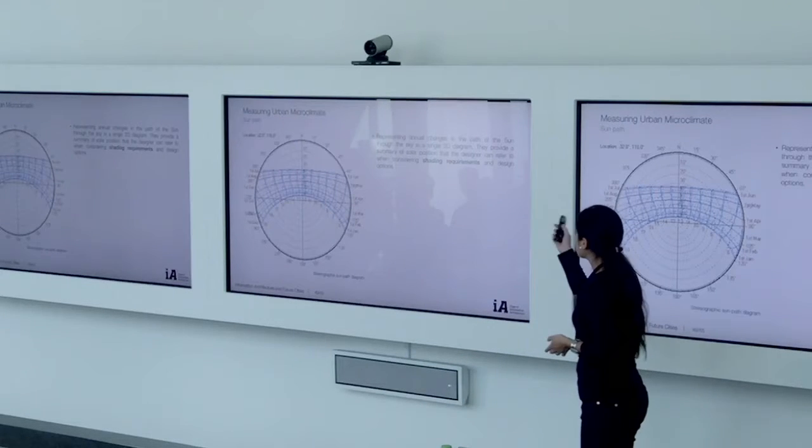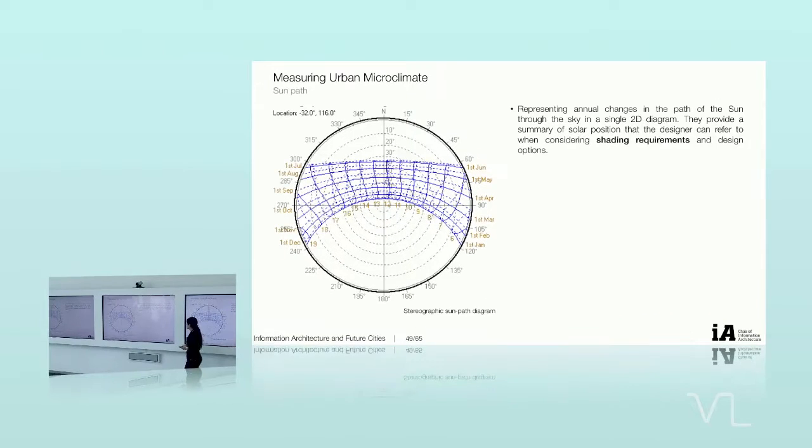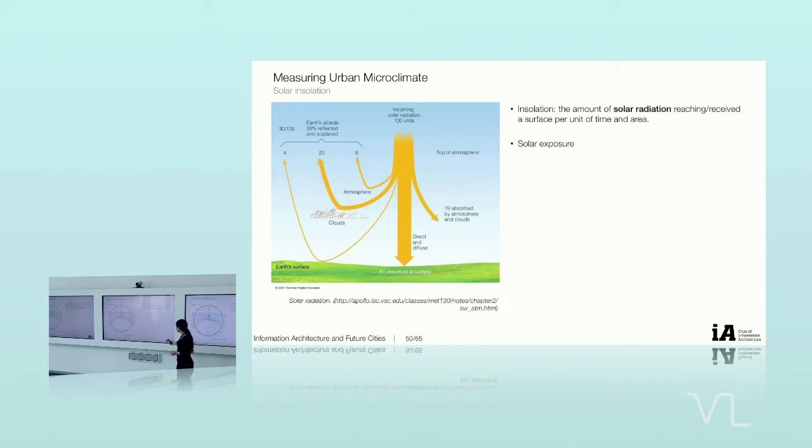And then you can actually also overlap that with shading requirements. And then we also have another one to measure some parameters. We have the solar insolation, which is the amount of solar radiation reaching a surface. In climatology and urban climatology, we also use this measure quite a lot.